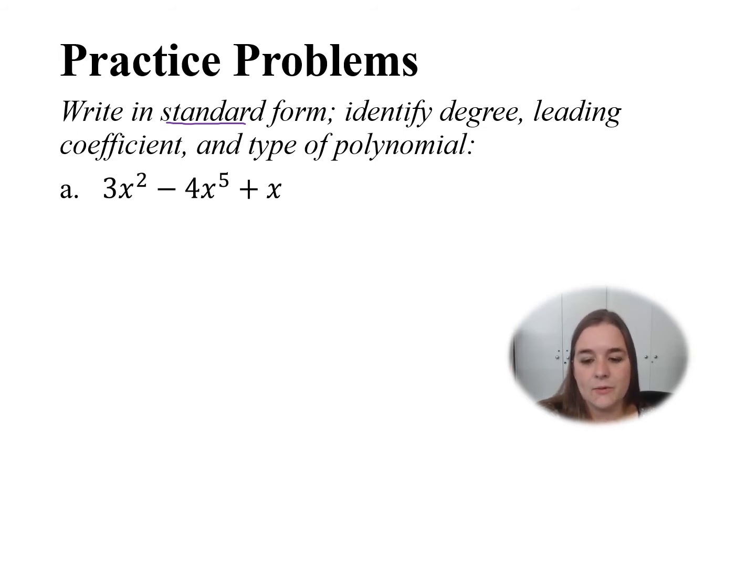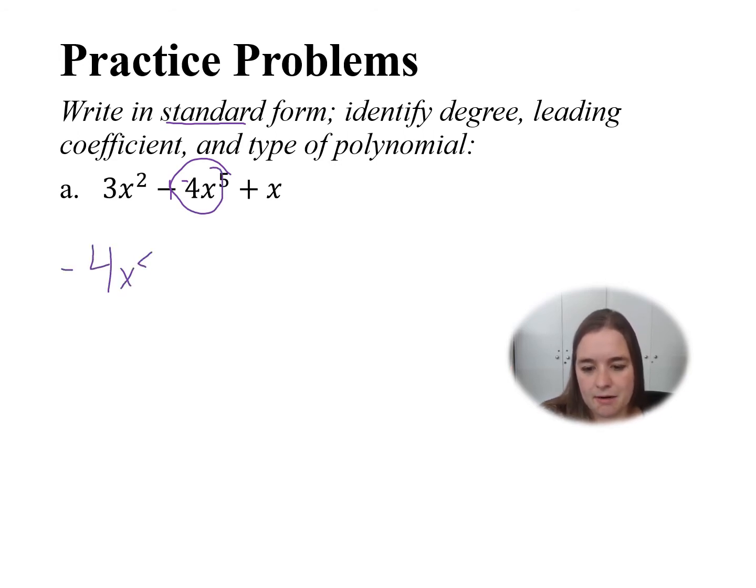So 3x squared minus 4x to the 5th plus x is really the same thing as 3x squared plus a negative 4x to the 5th plus x. That negative is really attached to that 4x. I think it's easier if we think about addition and then change to negative terms instead of having subtraction looped in there. Well, standard form tells me that I need to take the highest power first.